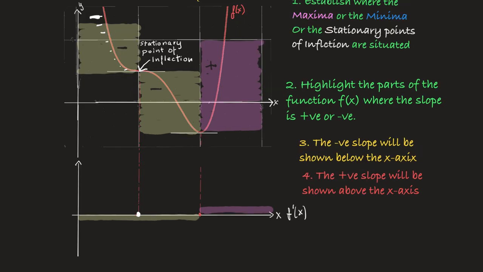Now we need to show this decrease in the slope function below over here. So the very high negative values will become the very low negative values here, which will decrease until they get to 0. But the slope of the function continues to be negative in this section over here as well.